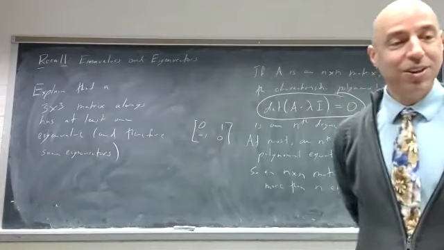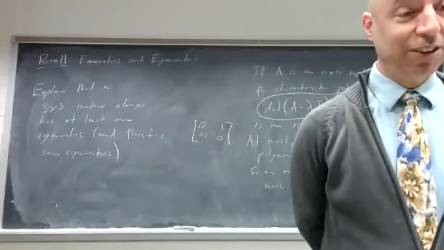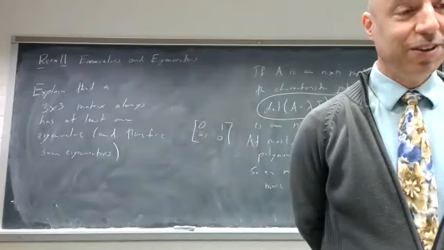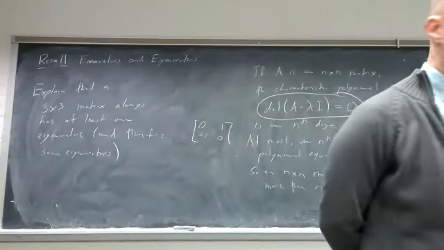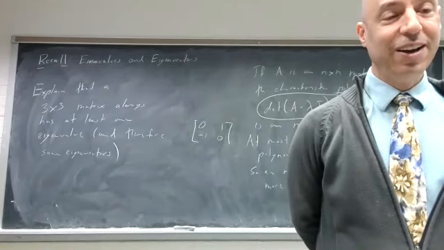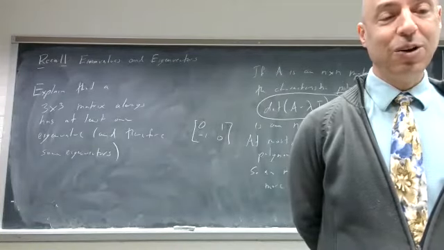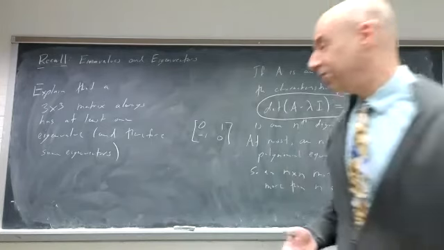Let me ask you this. What degree is the characteristic polynomial going to have for a 3x3 matrix? Right, 3. And what can you tell me about polynomials of degree 3?